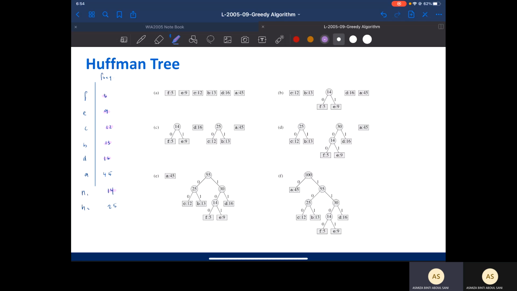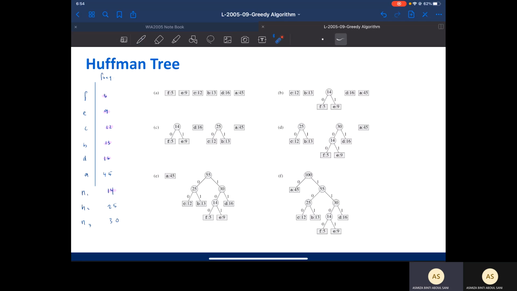So we add this node N1 with 16, total this up, and create another internal node of value 30, which we call N3.